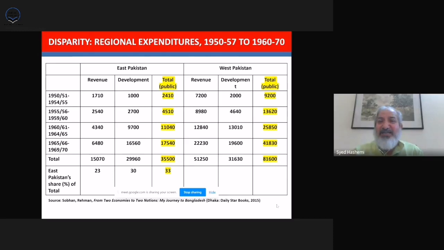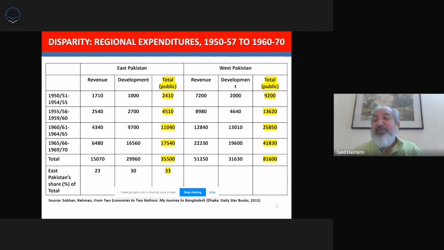Let's also look at the regional expenditures. This is revenue and development expenditures, what the government was spending. And look at the differences. In East Pakistan, over this period, there was 35 billion takas spent, this is in million takas, but 82 billion takas spent in West Pakistan.